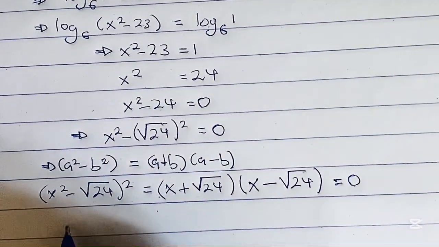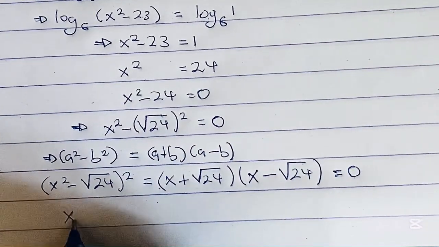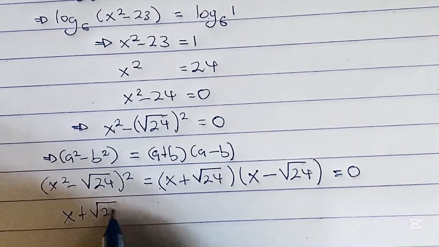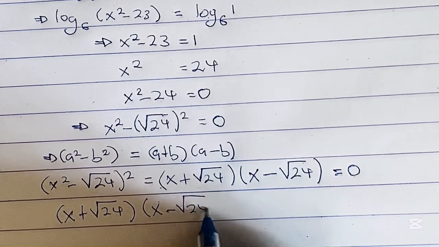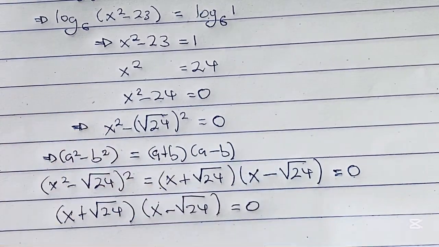So x plus root of 24 times x minus root of 24 is equal to 0.